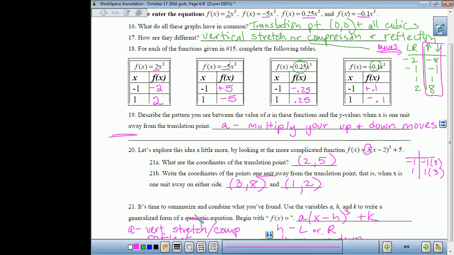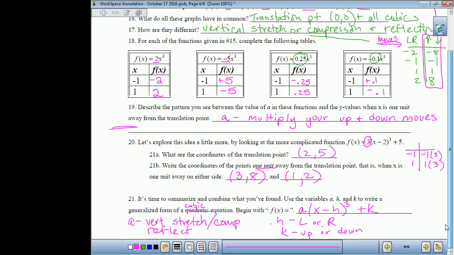Okay, I'm going to switch this to where it says cubic. I'd like you guys to do the same thing. So if we write this transformational form for a cubic equation, what does the A do? That can do 2 things. If it's greater than 1, it causes a vertical stretch. If it's between -1 and +1, it gives us a compression.